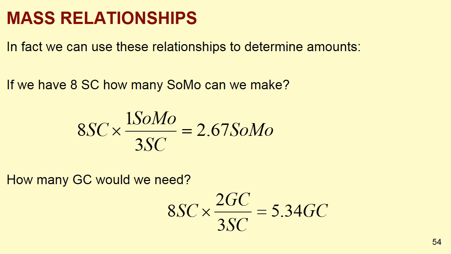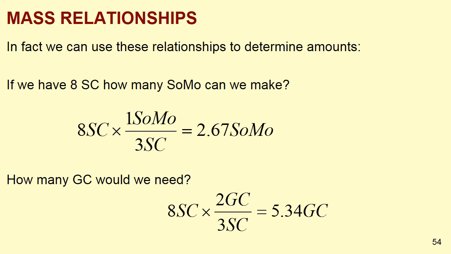So let's say we have 8 squares of chocolate and we want to know how many s'mores we can make. Well, from the previous slide, we saw that we need 3 squares of chocolate for every s'more. So if I make my conversion factor, 3 squares of chocolate is equivalent to 1 s'more, and then I put my conversion factor as a fraction.